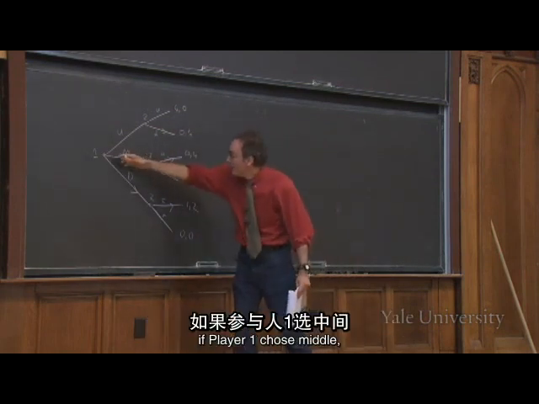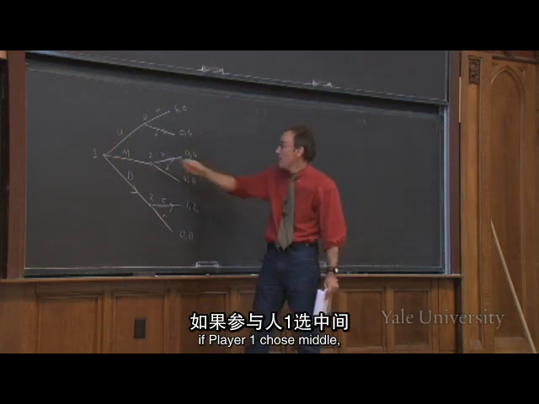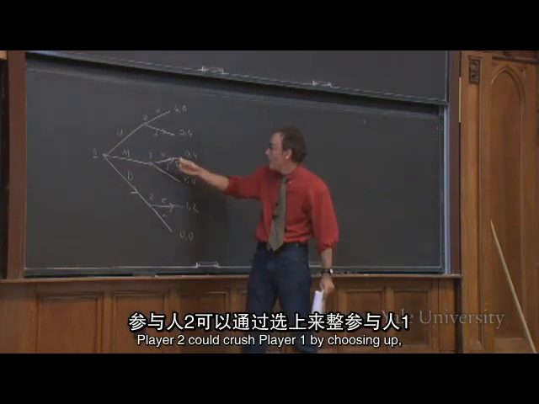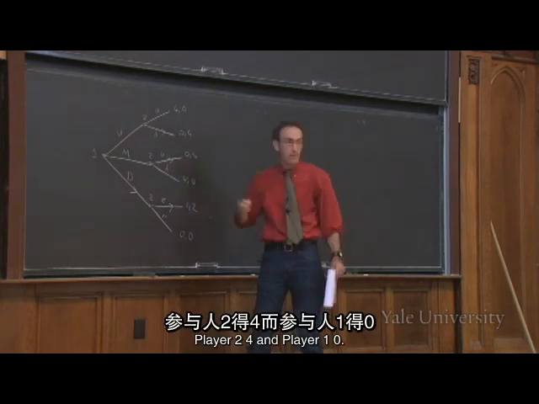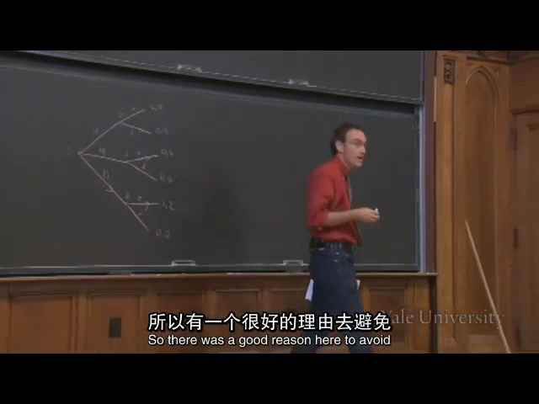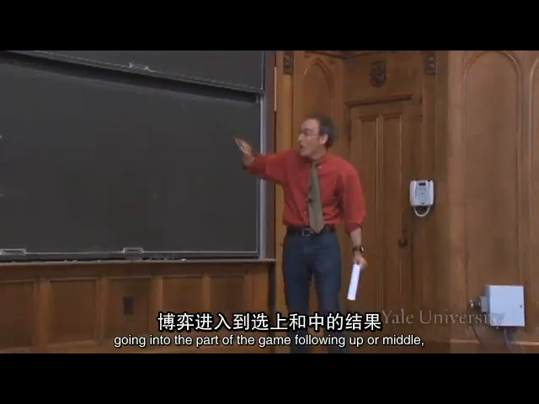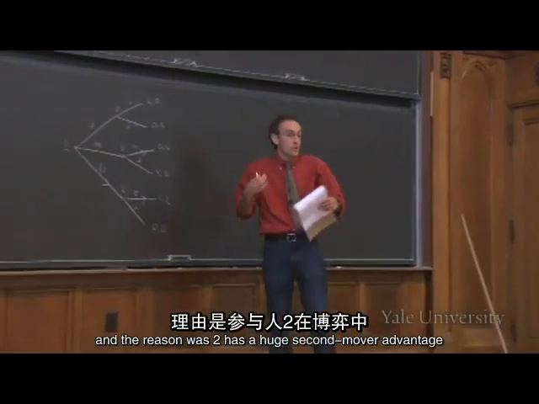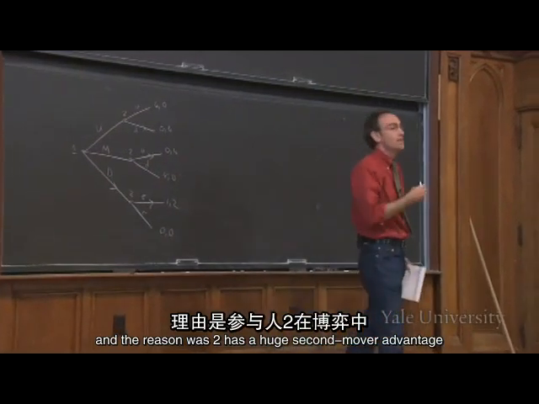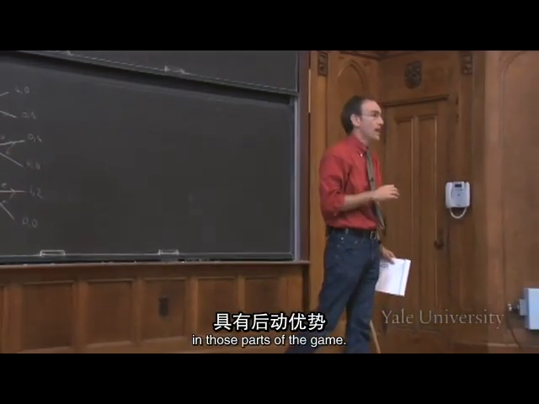And conversely, if player 1 chose middle, player 2 could crush player 1 by choosing up, which gave, once again, player 2, 4, and player 1, 0. So there was a good reason here to avoid going into the part of the game following up or middle, and the reason was 2 has a huge second mover advantage in those parts of the game.